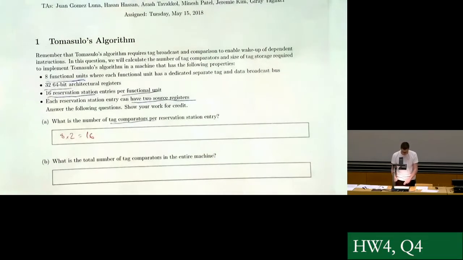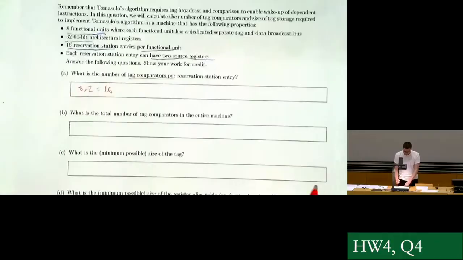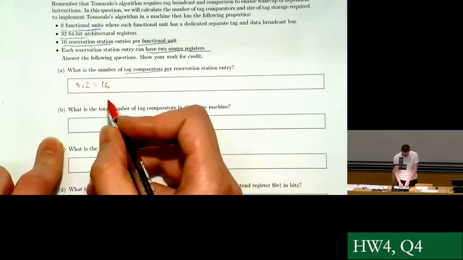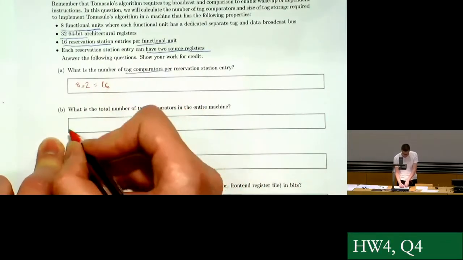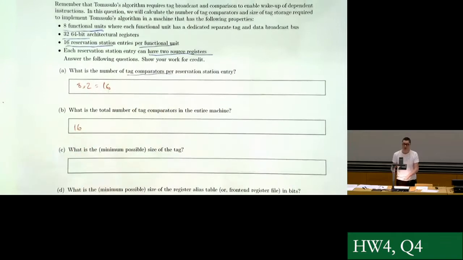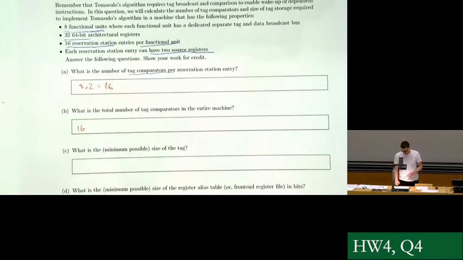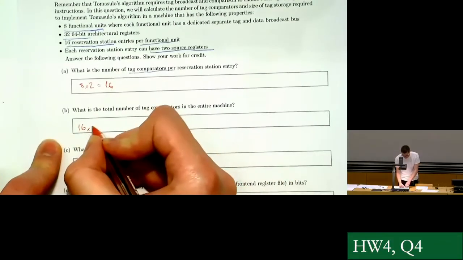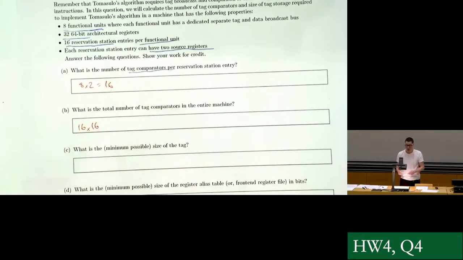Okay, so if we accumulate everything together, we have 16 tag comparators for each entry, right? And we have 16 entries in a single reservation station.